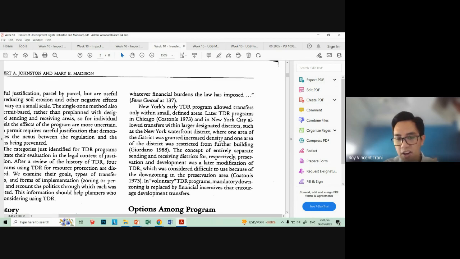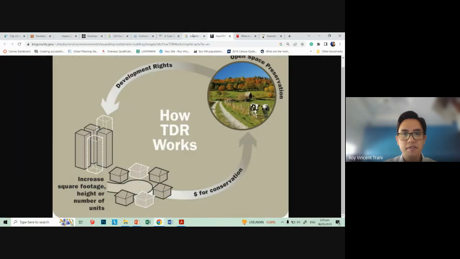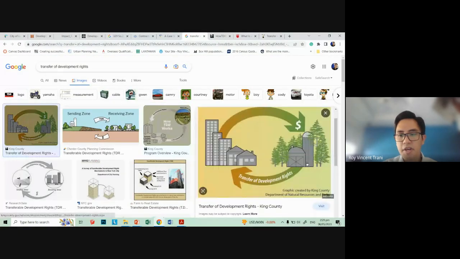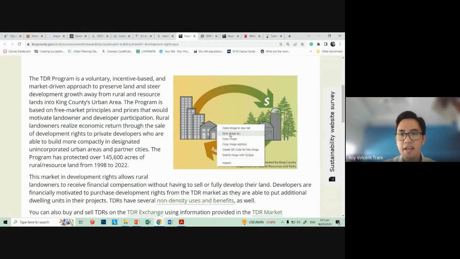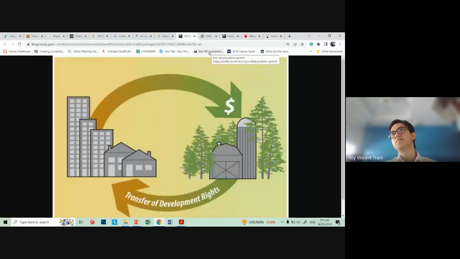So the long and short of it, we'll go back again to these images here. Because owners in rural zones, the down zoned areas, or let's just say the sending areas, can't develop anything because the law prevents them, they are compensated for that lack of opportunity by the government.